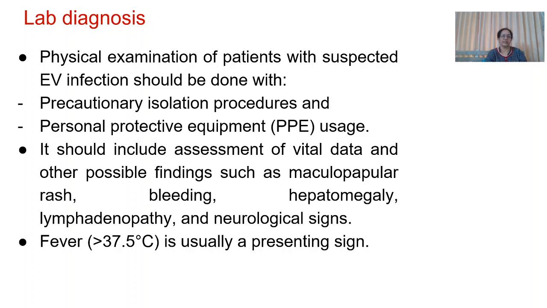It should include assessment of vital data as well as other possible findings such as maculopapular rash, bleeding, hepatomegaly, lymphadenopathy, and neurological signs. Means upon observation of all this, one can start laboratory diagnosis of the disease in the laboratory. Presence of a fever is also one important sign.